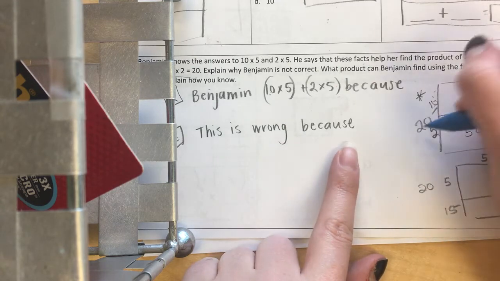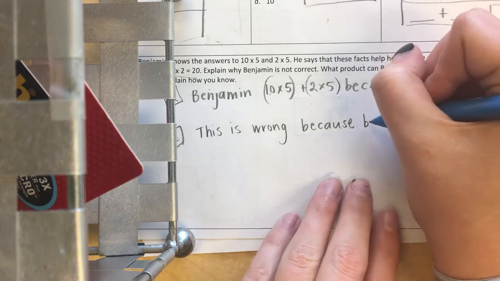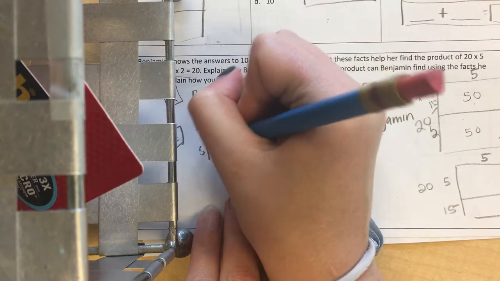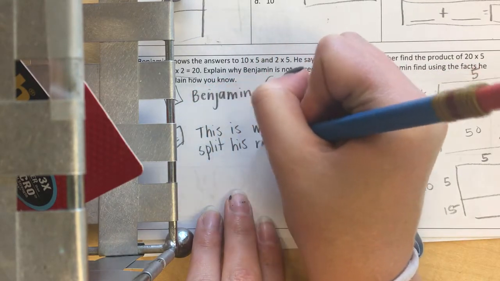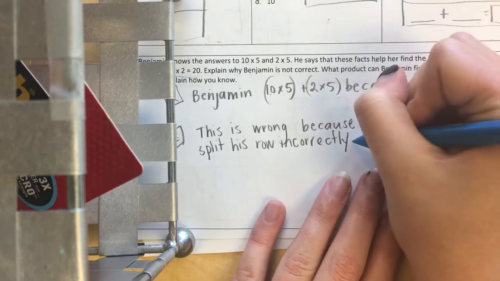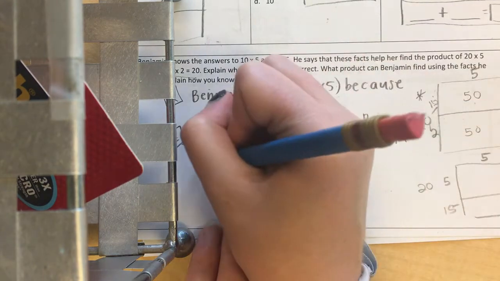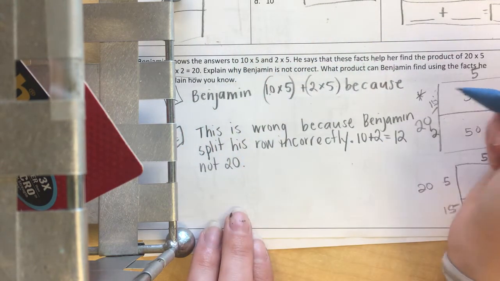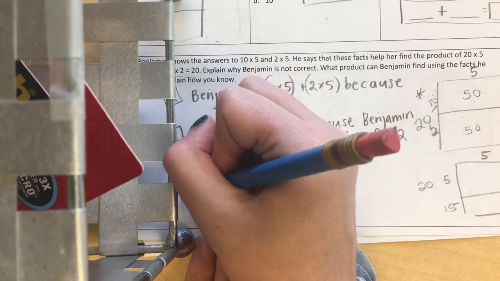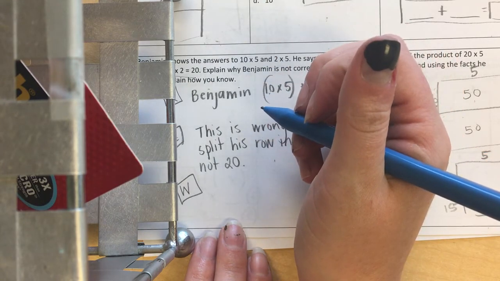So he broke down his rows incorrectly. This is wrong because Benjamin split his rows incorrectly. 10 plus 2 equals 12, not 20. So we're then going to say what the right way is, or write down what the right way is.